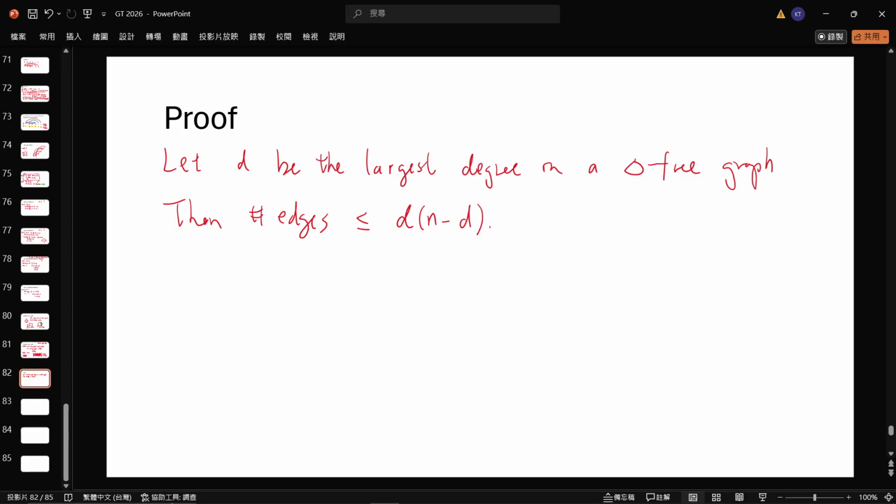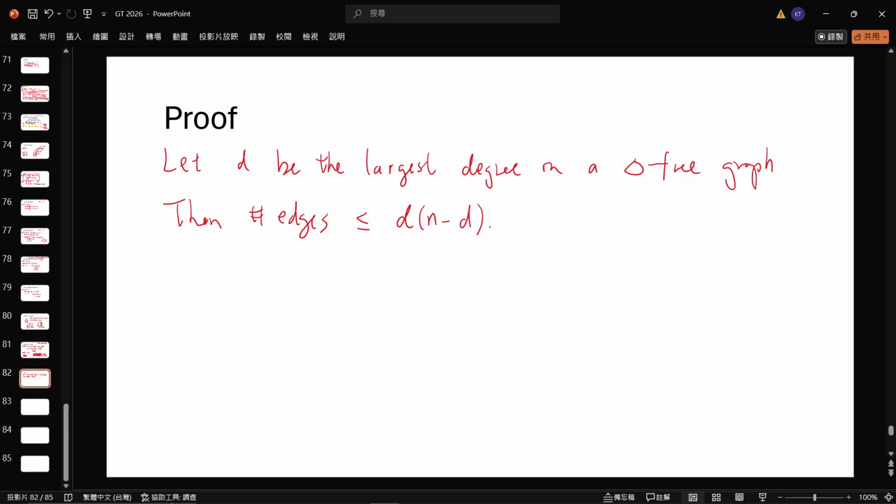This is the statement that we'll actually prove. For this, we need a special handle, and the handle is the largest degree. Here I use just D. So D is the largest degree. We'll show that if you have a triangle-free graph, then the number of edges you can have at most is D times (n minus D).